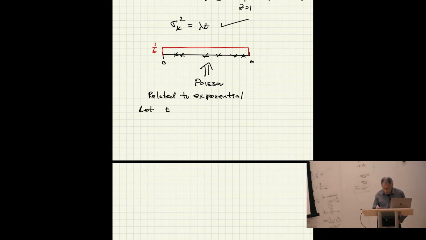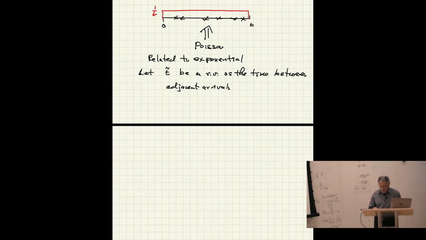Let the random variable t with the tilde above it be the time between adjacent arrivals, say to a queuing system.